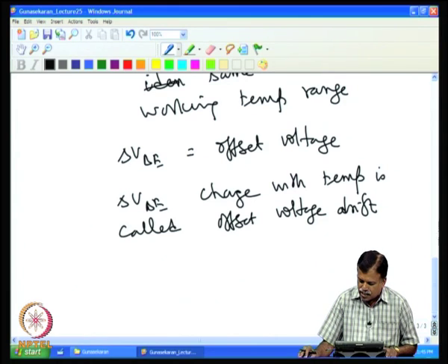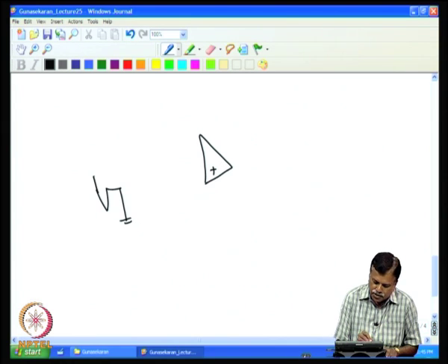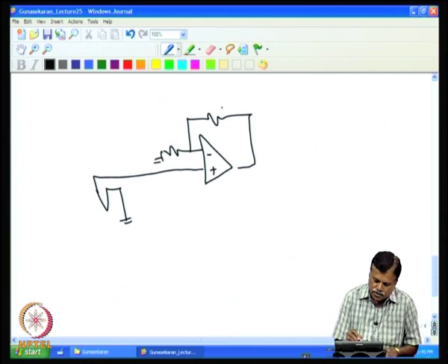That is what we had seen earlier. Now, for example, we take a simple circuit, a thermocouple amplifier made with an operational amplifier. We have a single junction thermocouple connected to this, and then we have a gain RF by R1.